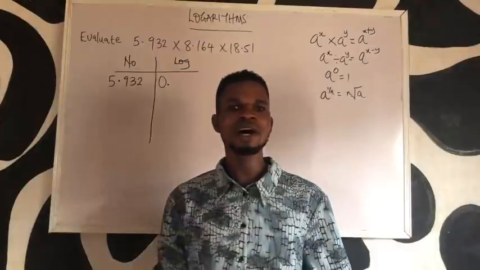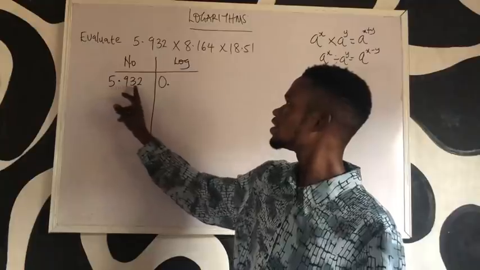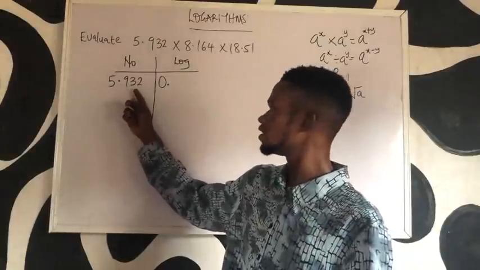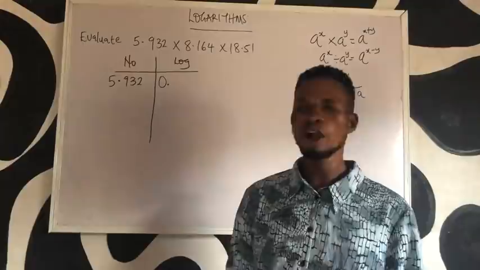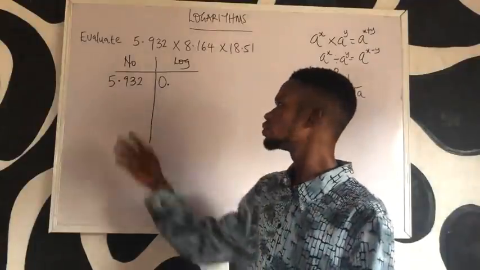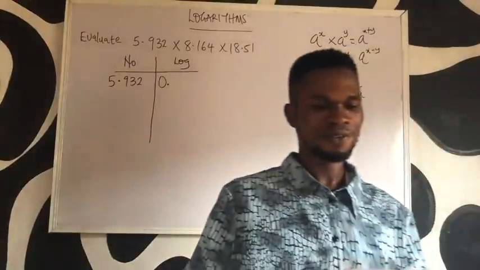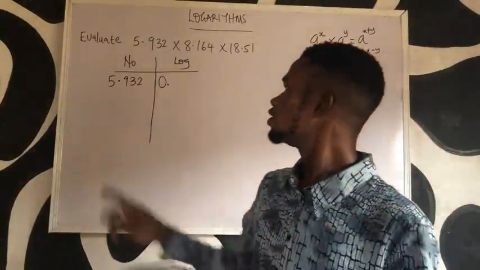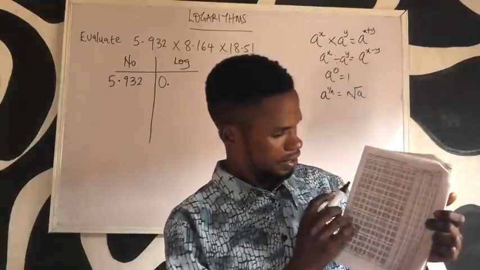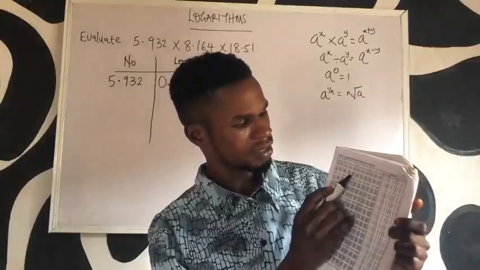Now, we check our logarithm table for the logarithm of 5.932, which is given as the log of 59 under 3 difference 2. We have to look up the logarithm of 59 under 3, then the difference 2 we add to the result. The logarithm of 59 under 3 is 7731.